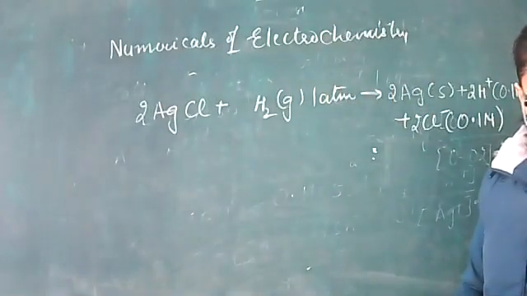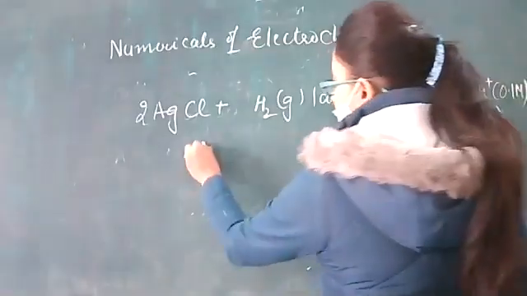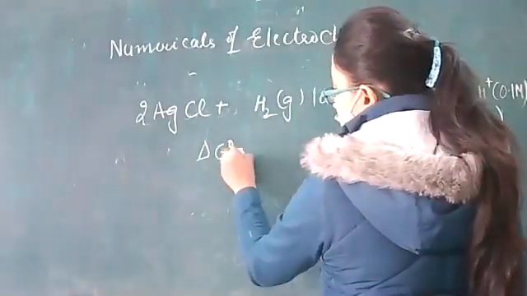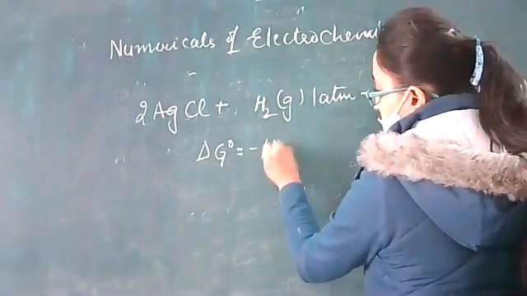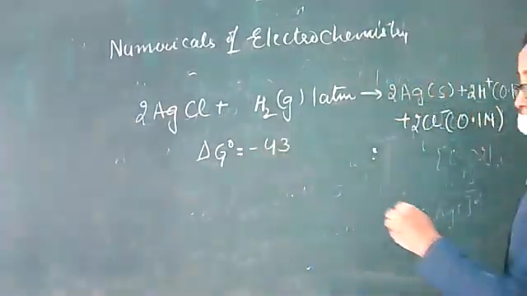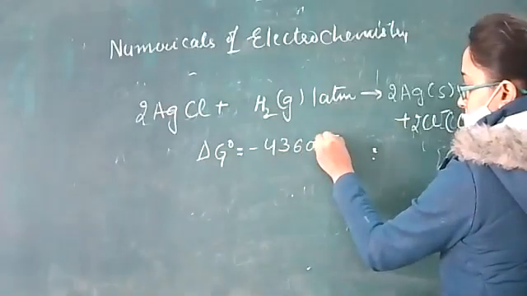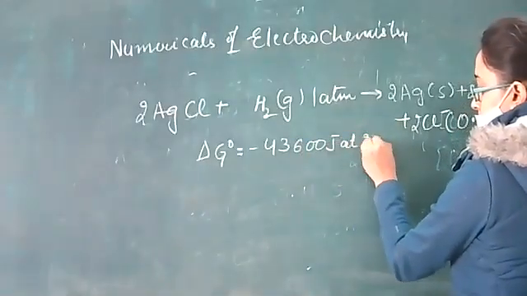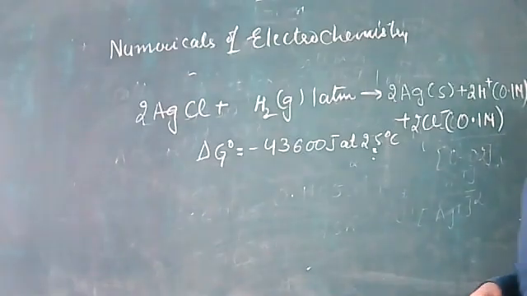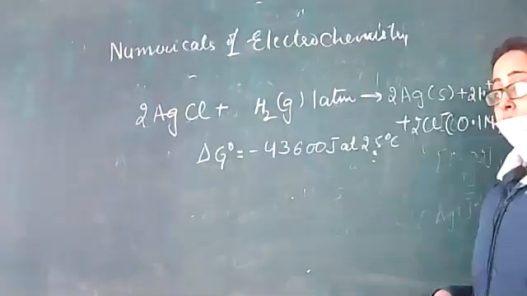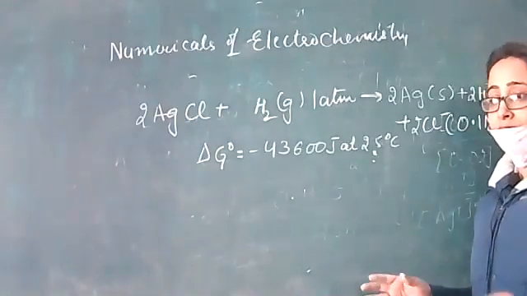Now in this section you are given delta G naught. The value of delta G naught is provided to you, that is minus 43600 at 25 degrees Celsius, and you have to find the EMF, that is E. You are not given which is cathode and which is anode.